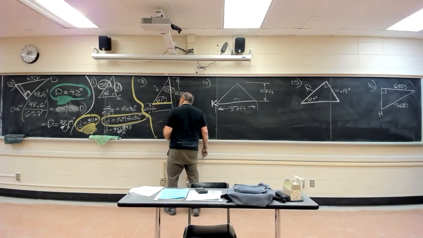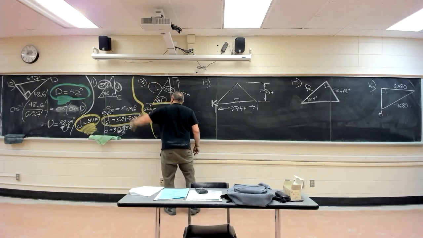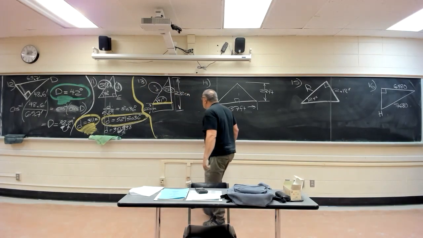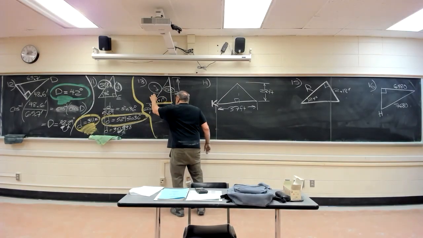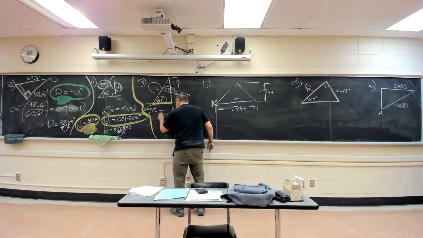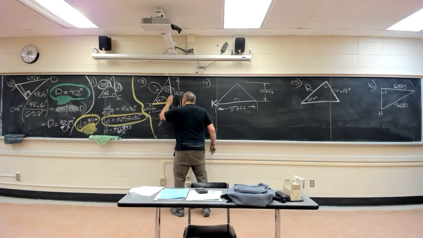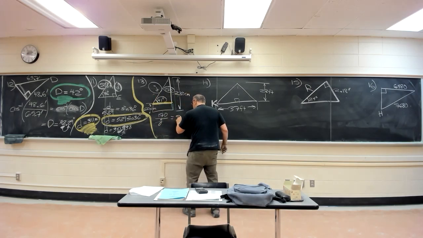This is a 41-degree angle, and this is the longest side called J. Opposite over hypotenuse, 170 over J, is the sine of the angle.